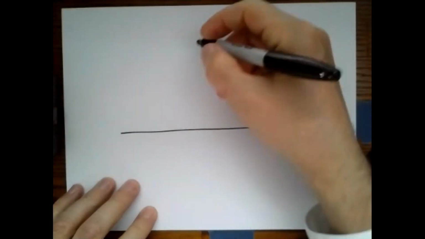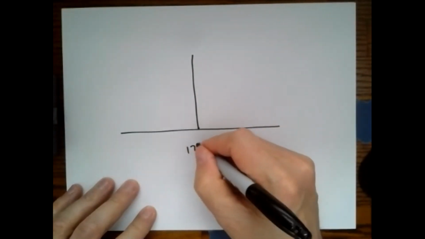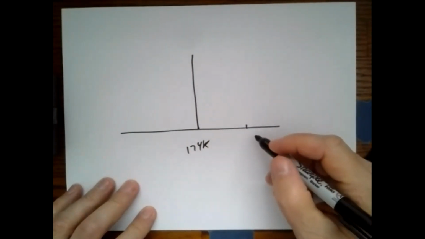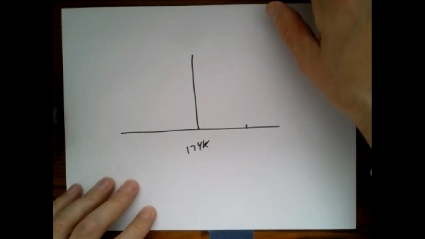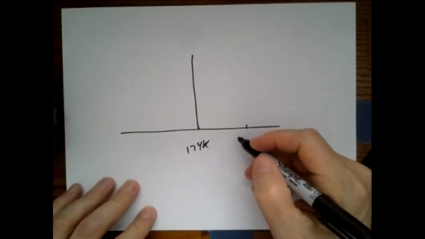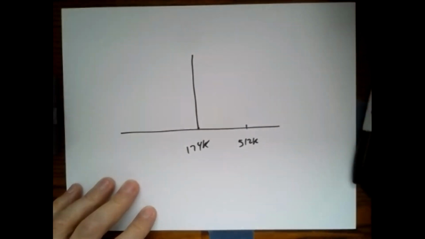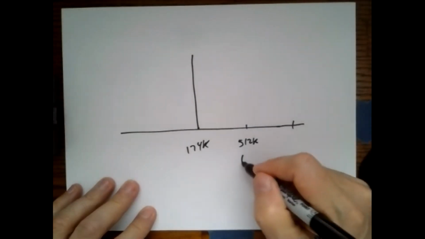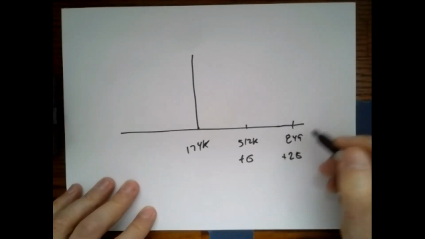We would have our expected outcome would be 174,000, right? And then plus or minus one standard deviation. So plus one standard deviation would be the expectation plus 337, so that'd be 512. And plus two standard deviations would be 849, right?